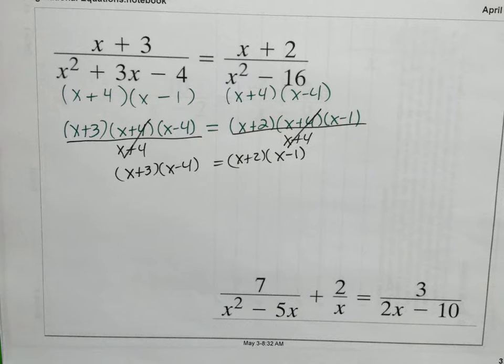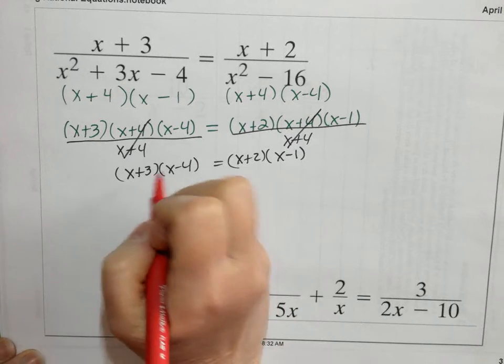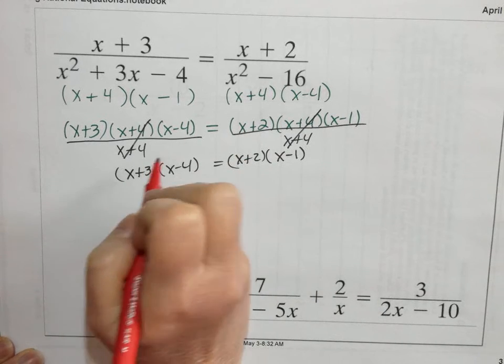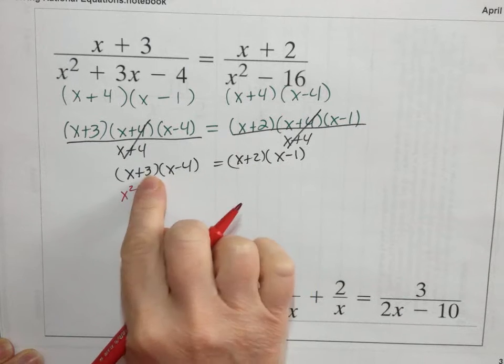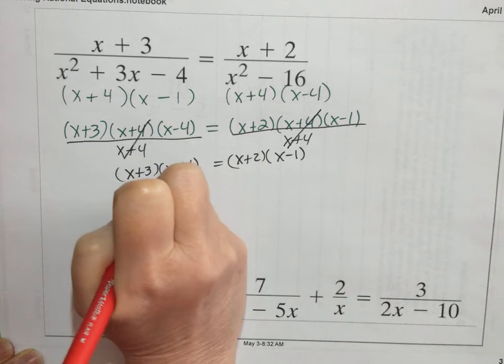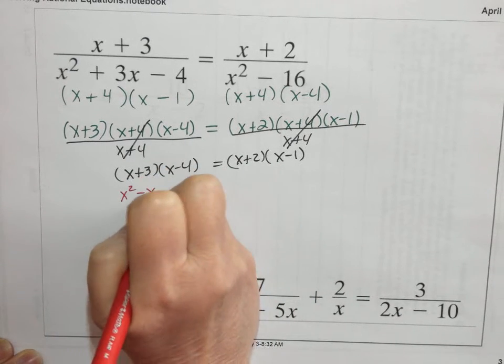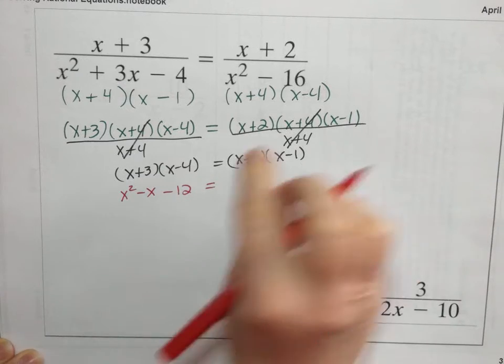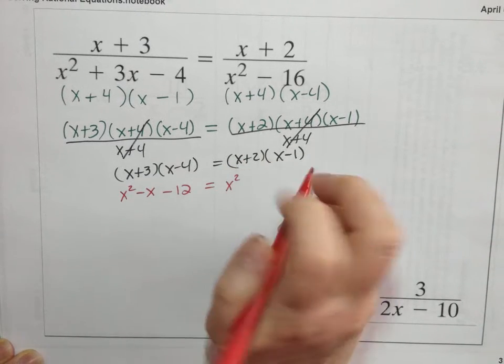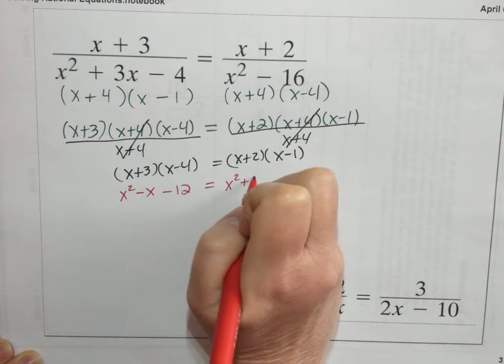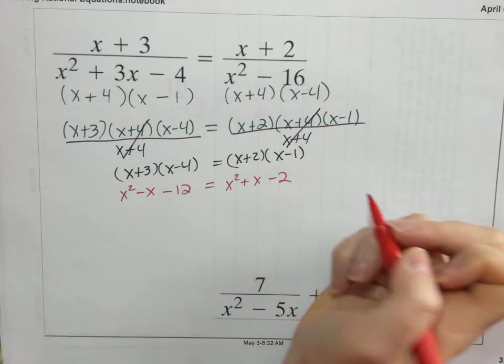So here goes. x plus 3 times x minus 4 is x squared minus 4x plus 3x, so minus x minus 12, is equal to x squared plus 2x minus 1x, so that would be plus x minus 2.